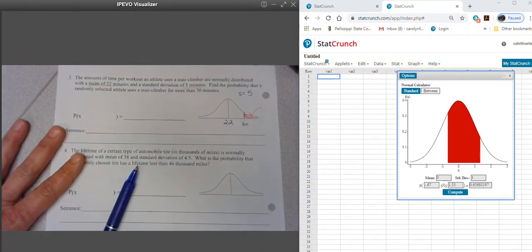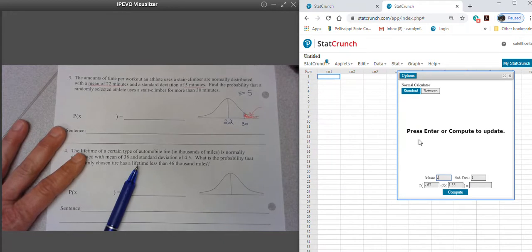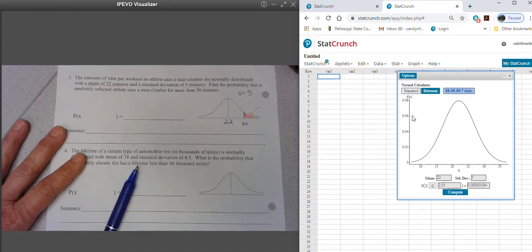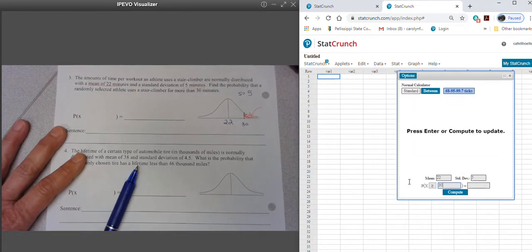So I put in the mean, 22, and the standard deviation of 5. StatCrunch actually converts all this to z-scores behind the scenes for us. Now I don't need the between, I need to switch over to standard. We're talking about more than 30 minutes, so this needs to be greater than 30. We hit compute.